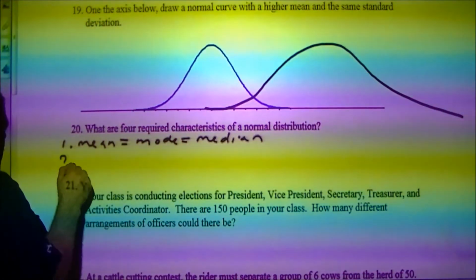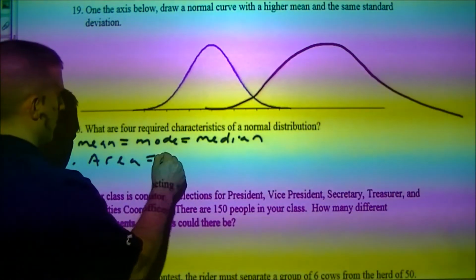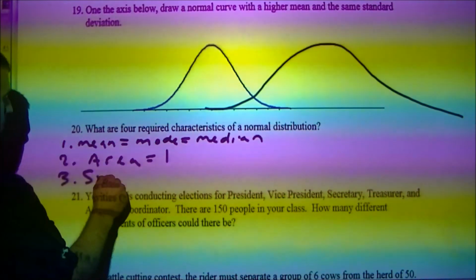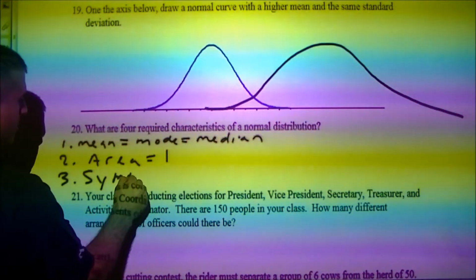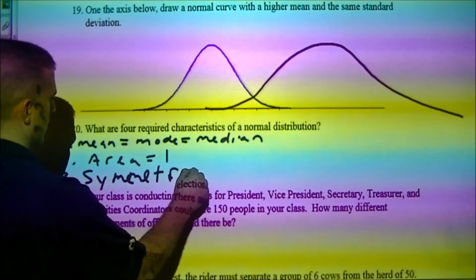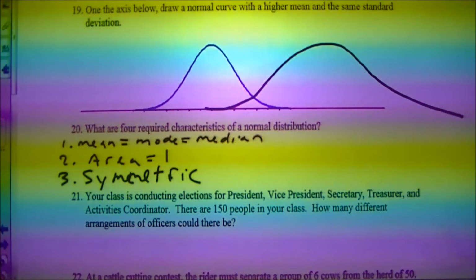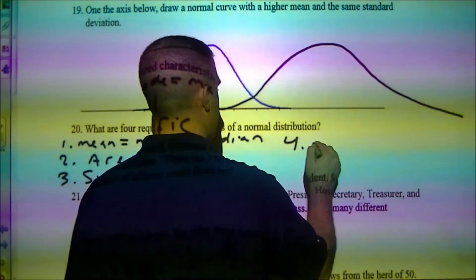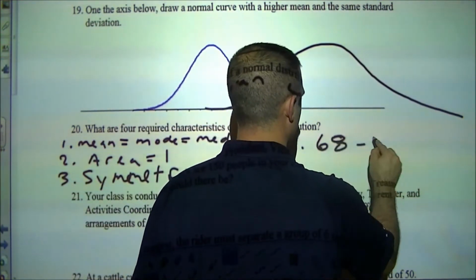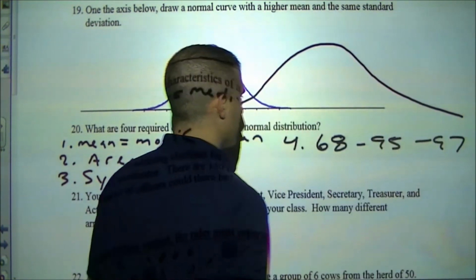The area is 1. It's symmetric. And the majority of the data follows the empirical rule. Those are the 4.